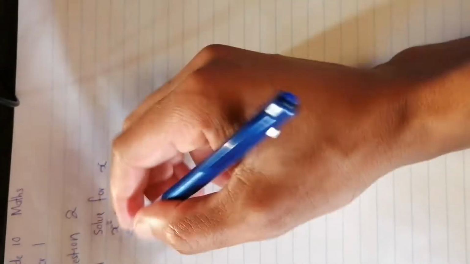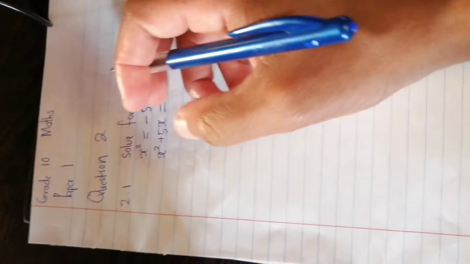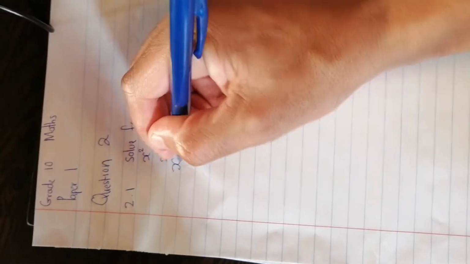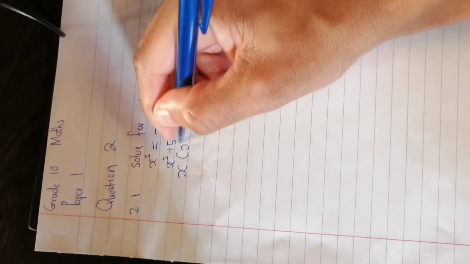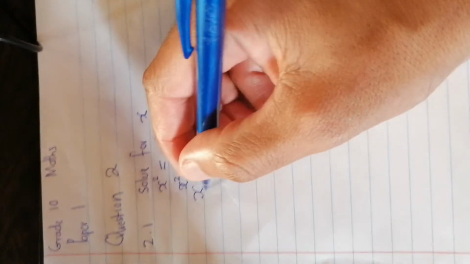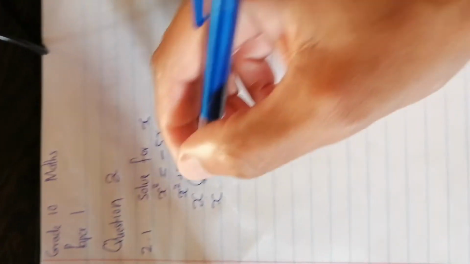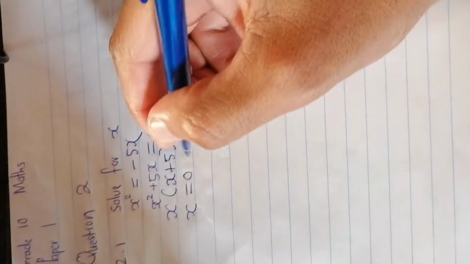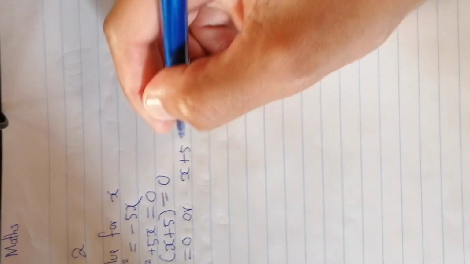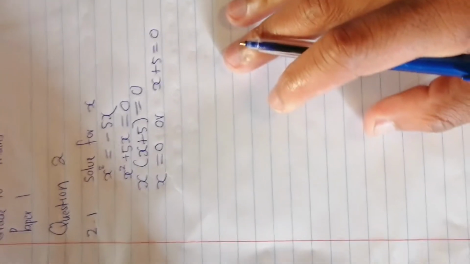Then we factorize this using the removal of a common factor, and that common factor here is the x. So if we take away x here, you're left with x plus 5, which equals 0. Then from this you can say x is equal to 0 or x plus 5 is equal to 0.